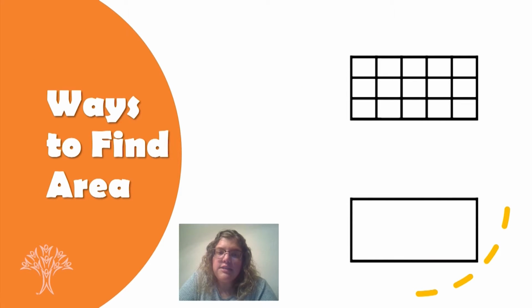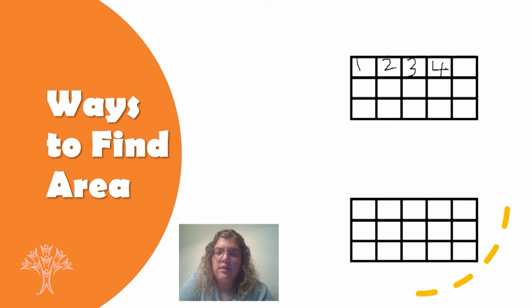Now we're going to look at ways to find area. Sometimes we're lucky enough for a shape to have a grid. That grid helps us decide how many squares there are within it. This grid up here has 1, 2, 3, 4, 5, 6, 7, 8, 9, 10, 11, 12, 13, 14, 15 squares in it. You also might have noticed that I have 3 rows of 5.